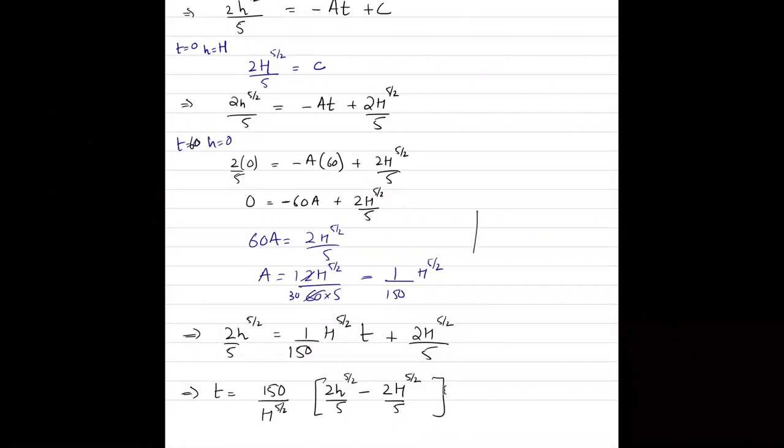You can simplify this further. If you take 2 upon 5 common and multiply it by 150, you get 60.